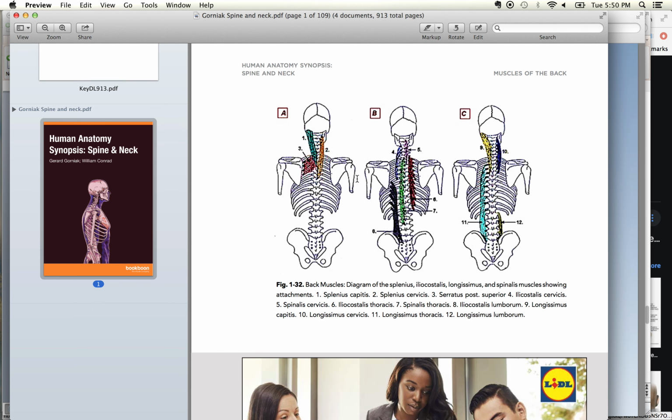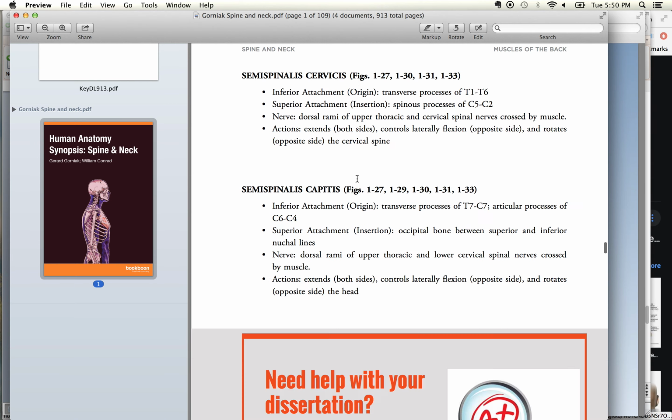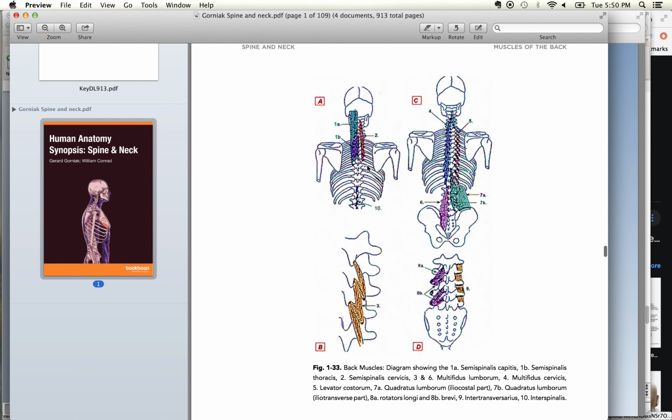Moving deeper, we're going into the transversospinalis group, which is deep to the erectors. And there we have the semispinalis cervicis. Okay. Semispinalis cervicis is number 2. That red band of muscle there traveling along. That attaches to the spinous process as well.